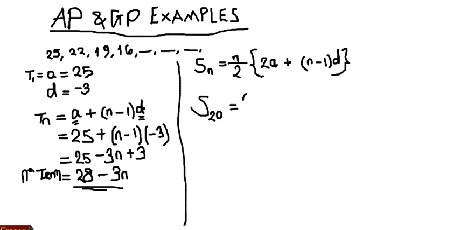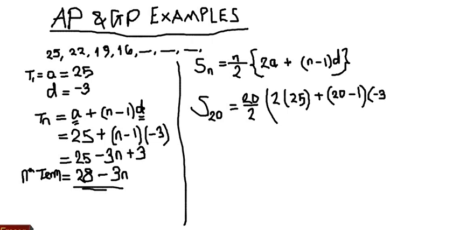So where there is n, we'll have 20 over 2. We multiply 2a. Our a in this sequence is 25. Then plus, our n is 20, minus 1. Our d, common difference, is negative 3.